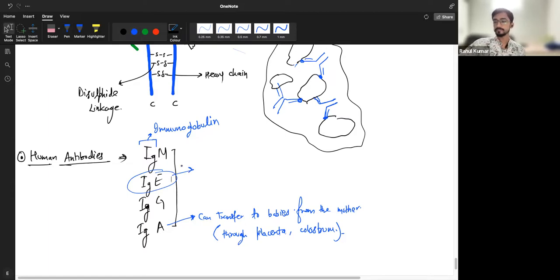Write down IgE reaches the site of an inflammation or allergy, or is produced during allergy. You can write like that. IgE are the antibodies which are produced during allergy.